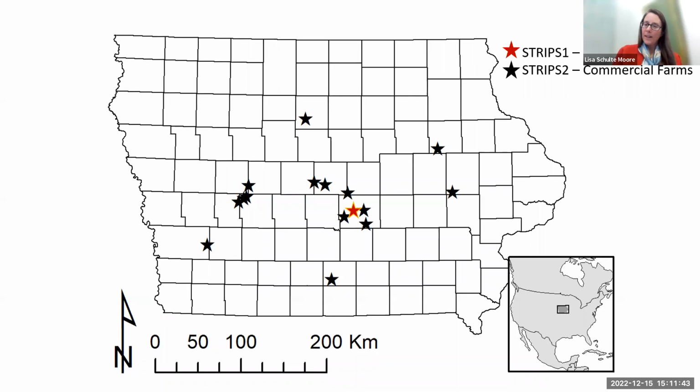I just want to point out that the initial evaluation that we did, the Strips 1 experiment, is located at that red star here, kind of in the middle of Iowa. Whereas the results of the research that we're going to share with you today is based on the black stars that you see here, so across a much wider variety of sites and distributed across more of Iowa.